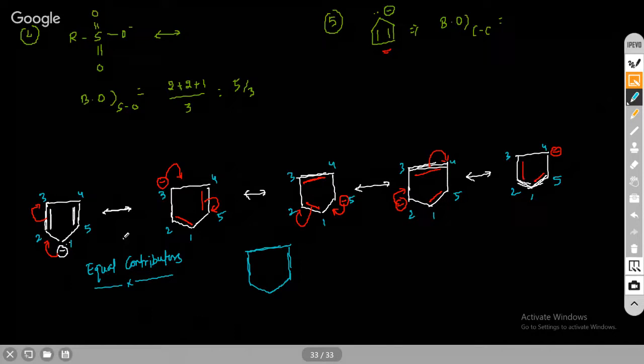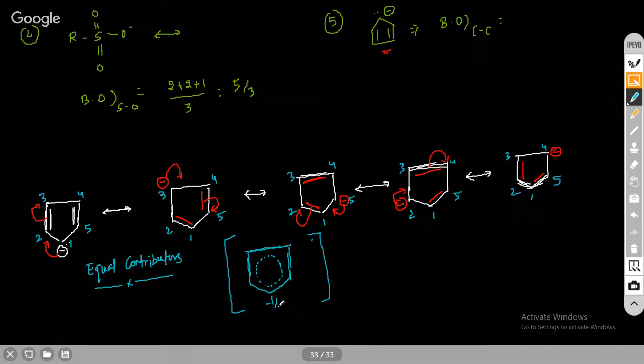Now, when you draw the resonating hybrid of this, since the negative charge is present on all the carbon atoms, it is equally delocalized. So we'll write down this ring here, meaning the pi bond is delocalized equally. And if you write down the charge on each carbon atom, one negative charge is distributed among 5 carbon atoms.